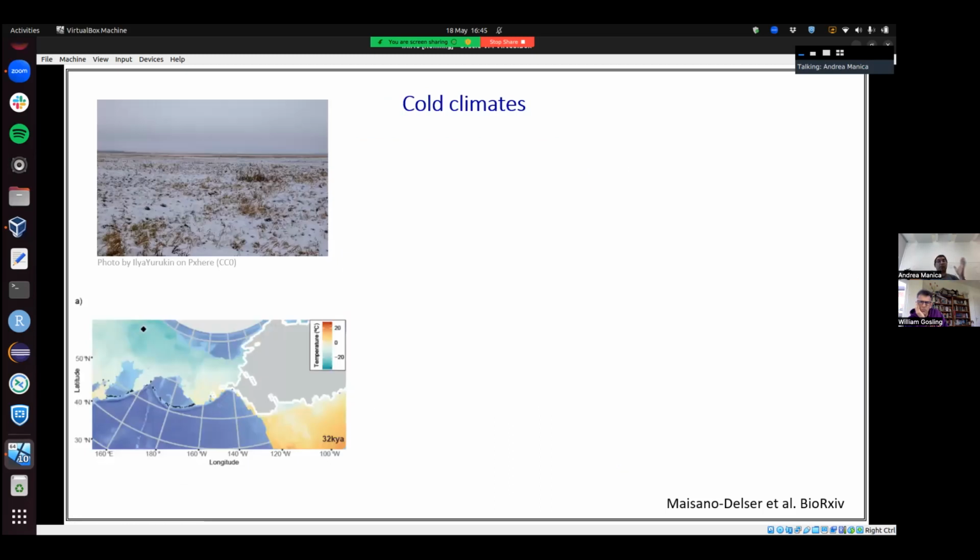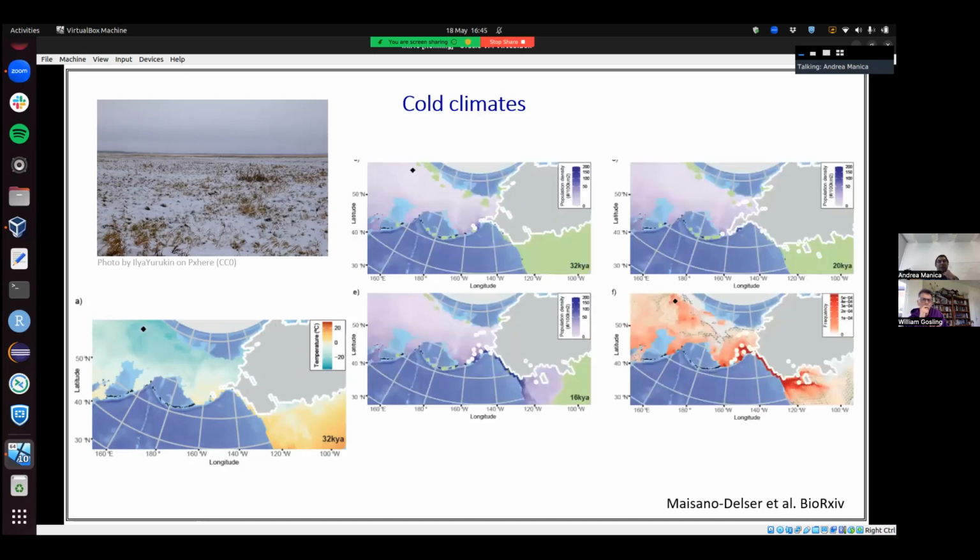Finally, in terms of what the model tells us about cold climates, what we see is that the model actually does reconstruct the existence of people in very cold climates. In a way, we know that because there's a sample called Yana, which is found at 32,000 years ago, and is found in one of the coldest places in Siberia that you could possibly imagine. So it's not surprising that the model also suggests that people should actually be living at these very high latitudes.